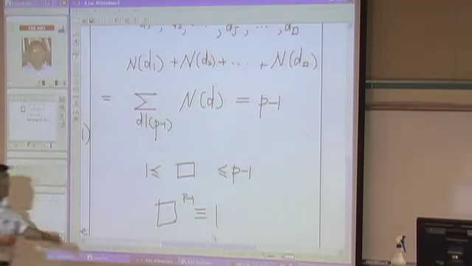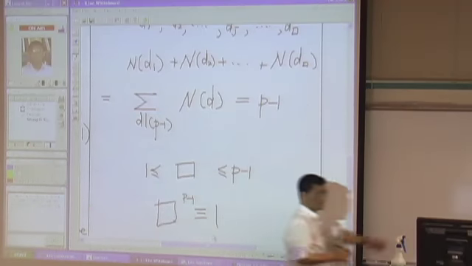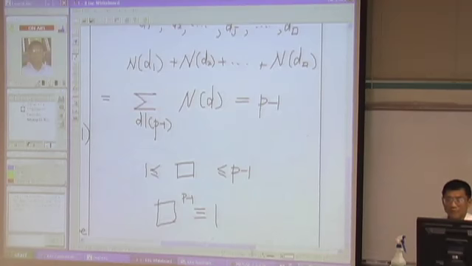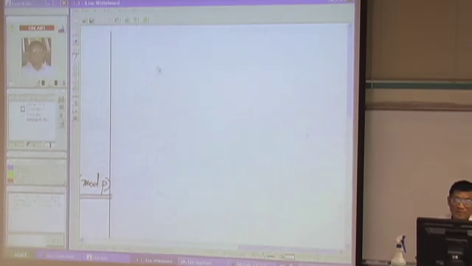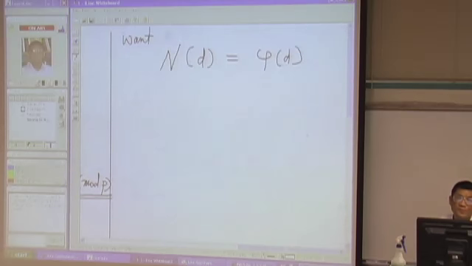Then what is the strategy? The strategy is this. We want to show that the number of elements having order d is nothing but phi of d. We want to show this fact.